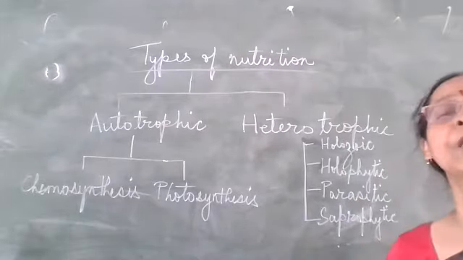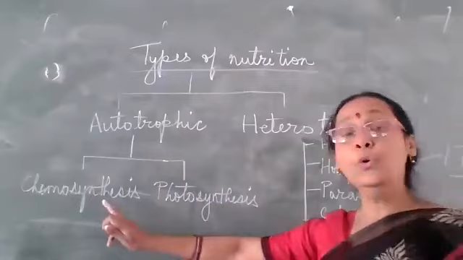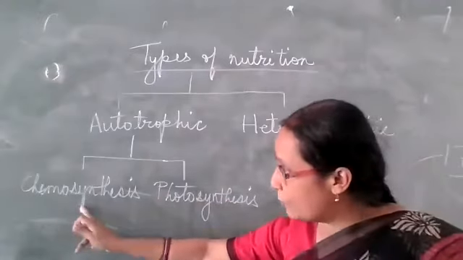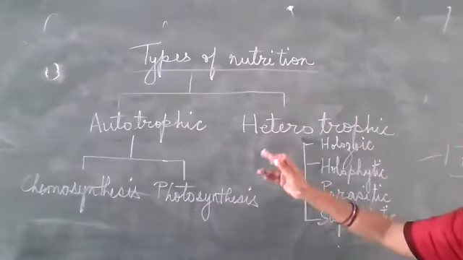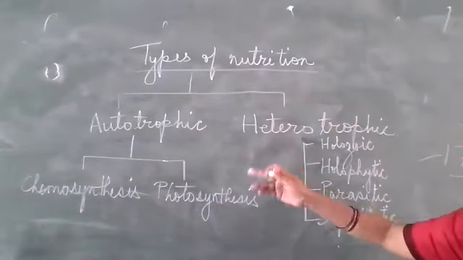Nutrition is of two main types, autotrophic nutrition and heterotrophic nutrition. Autotrophic nutrition is again divided into two, that is chemosynthesis and photosynthesis. Heterotrophic means acquiring food from other organisms. It is again of four types.